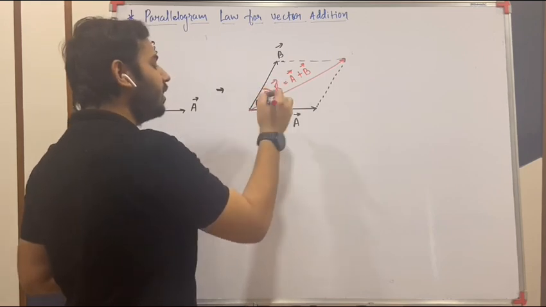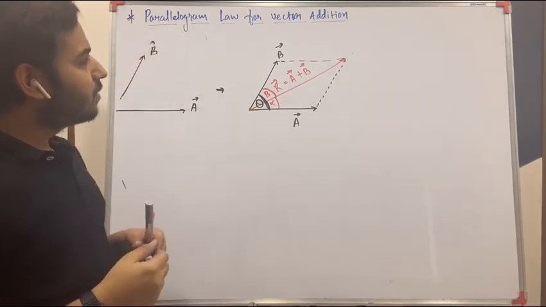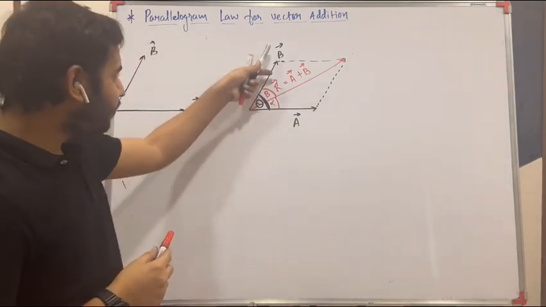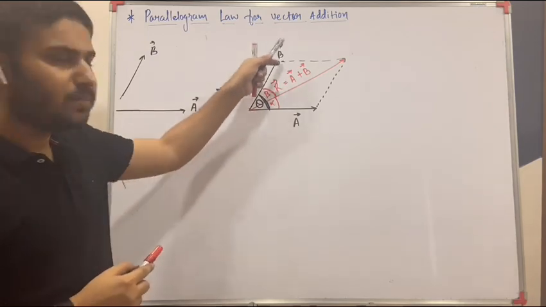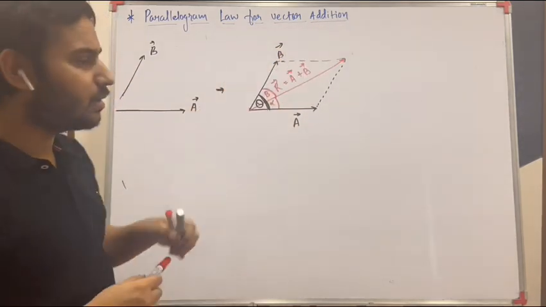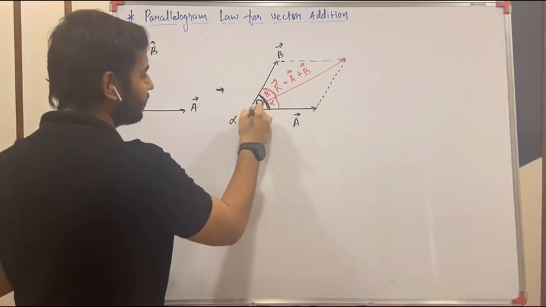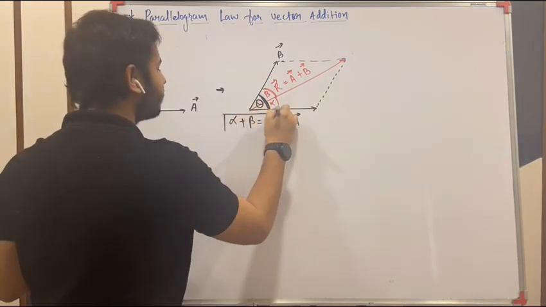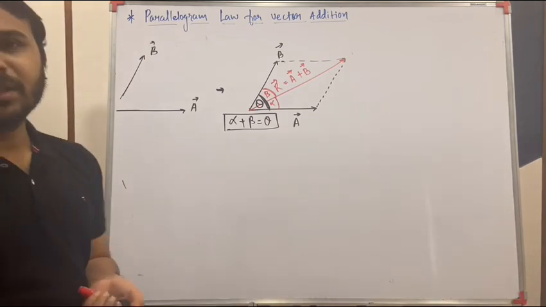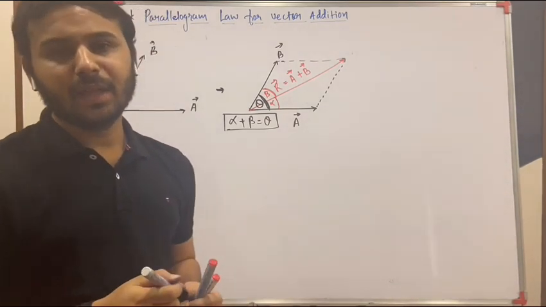So this is alpha. Beta is the angle made by vector B with the resultant vector. So alpha plus beta is theta. The same thing we did in the triangular method.